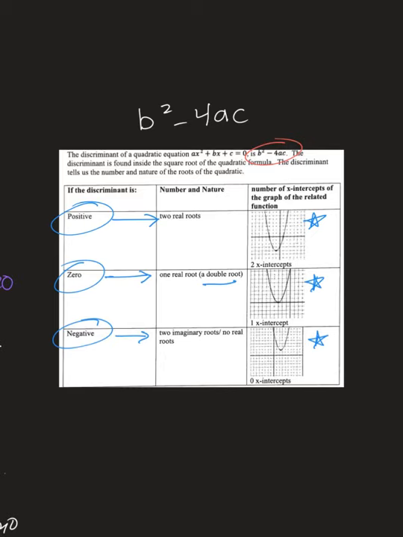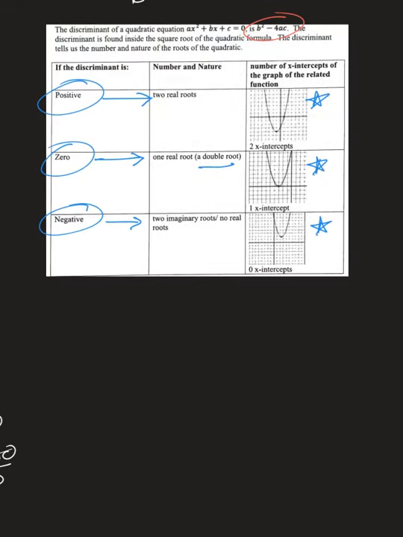Okay, so let's use this to do our next example. So in this example, I want you guys to find the discriminant, use the discriminant to determine how many solutions your quadratic has.